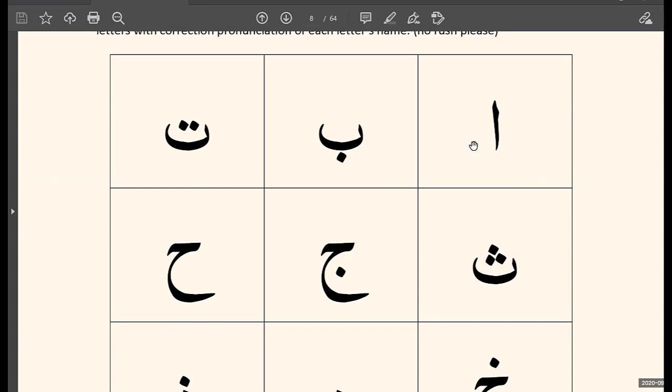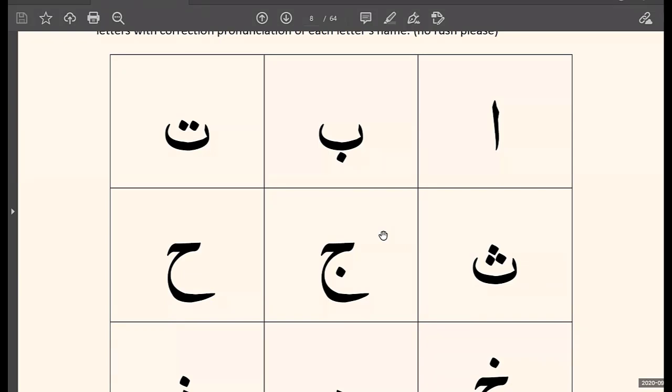So in front of you, these are the Arabic alphabets. I would first ask you some questions that will be a revision of the previous lesson. How many Arabic alphabets altogether? 29. That's fine.